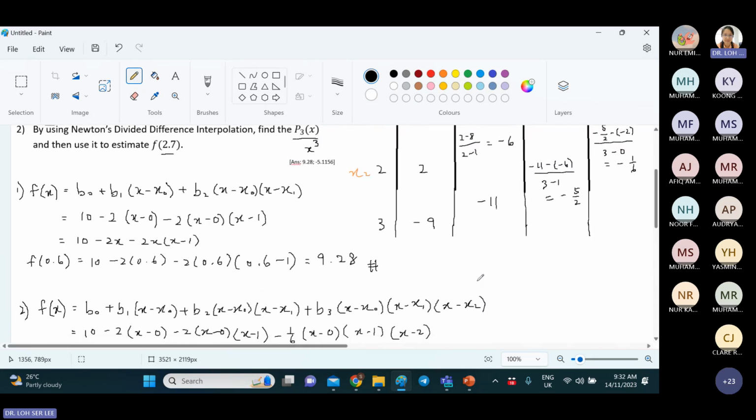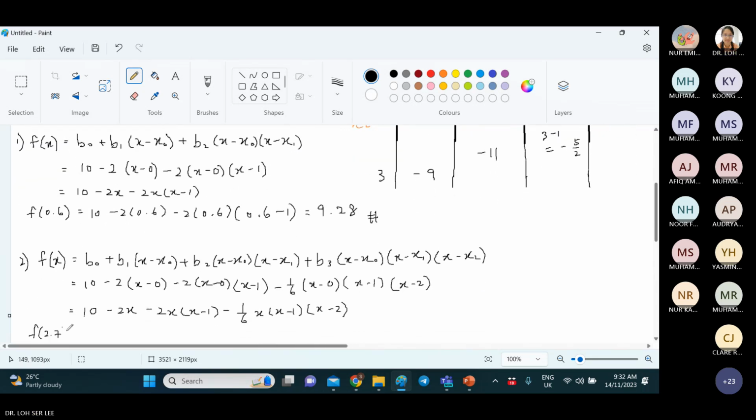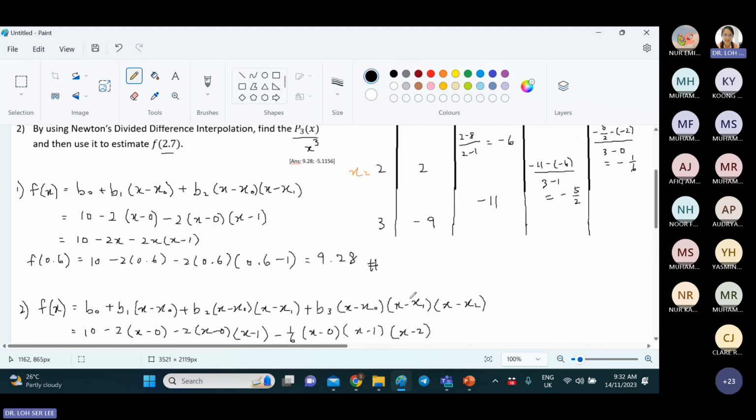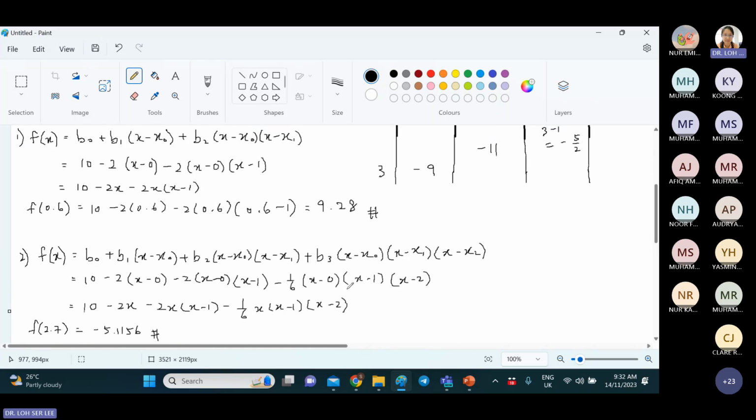Then we estimate for 2.7. Substitute all x by 2.7 to get this.